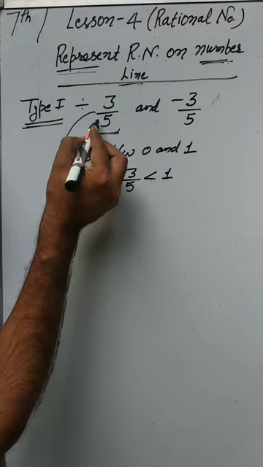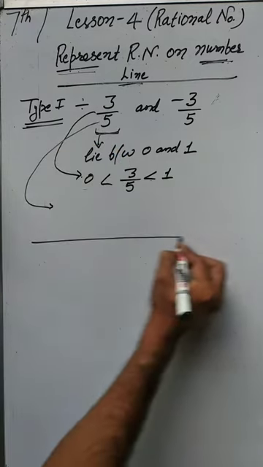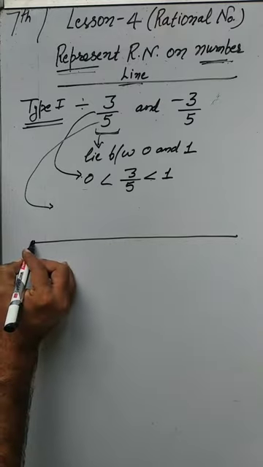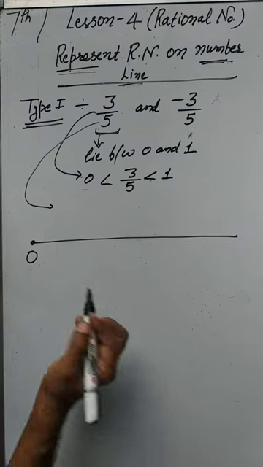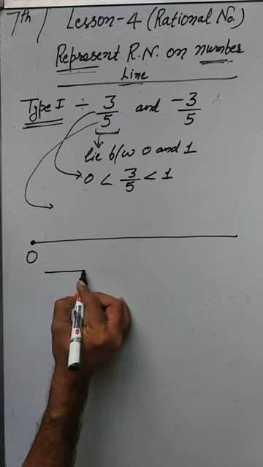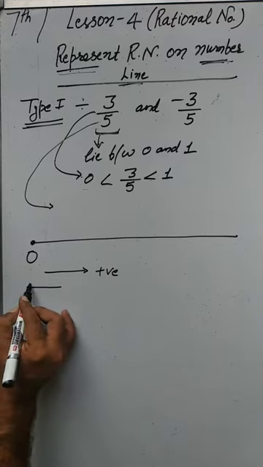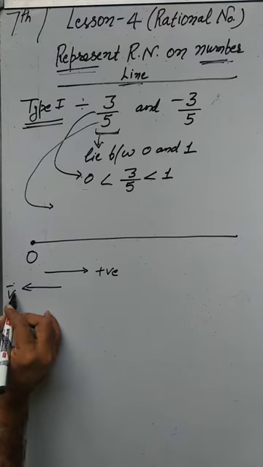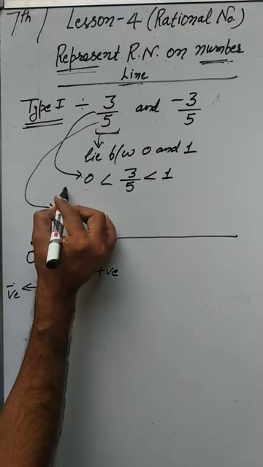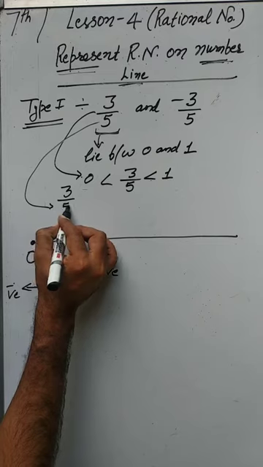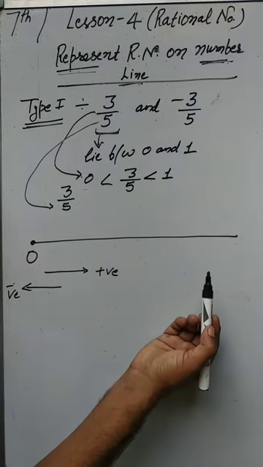Now I am representing 3/5 on the number line. This is our number line. Mark first here 0. You know very well, on the right hand side of 0 all the positive numbers, and on the left hand side of 0 all the negative numbers. 3/5 is a positive one, so it will lie on the right hand side of 0.